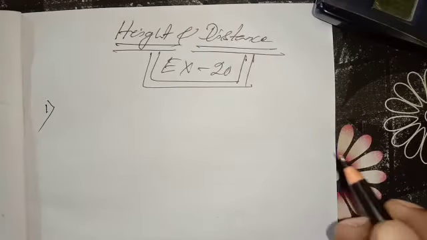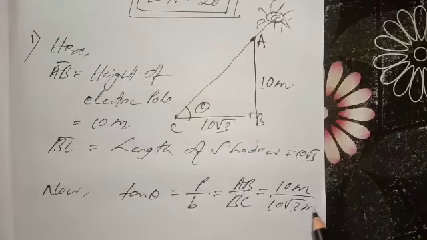Now you have to apply tan theta. Tan theta formula is what? P by B, perpendicular by base. P means here AB in my figure, and BC, that is 10 meter by 10 root 3 meter.